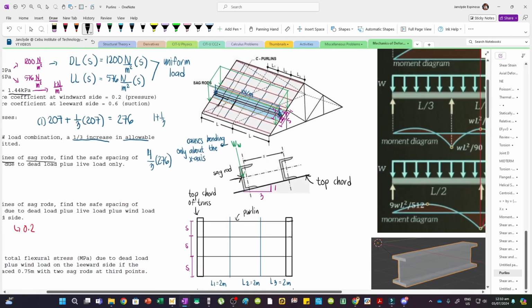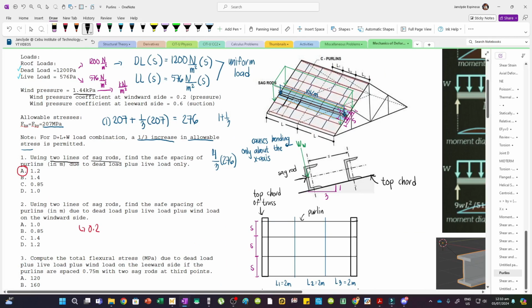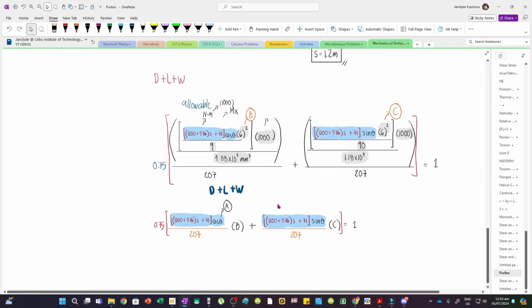Now, the tributary area of the wind load is still the same as the tributary area of the component of the weight. And so what we're going to do is we need to multiply the wind load by the spacing. And then we shouldn't put it inside here because we don't need to take its components. And so for the wind load multiplied by S, we're not going to multiply it by cosine theta because again, this is already perpendicular to the channel.